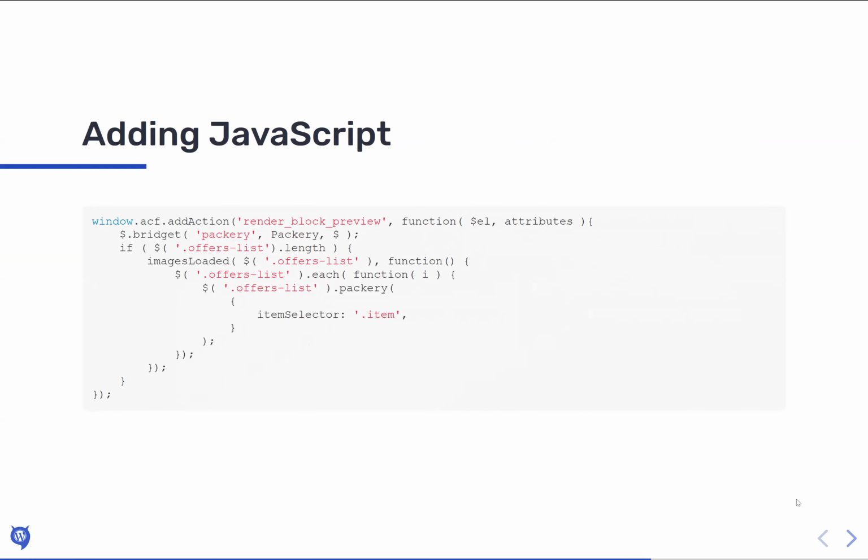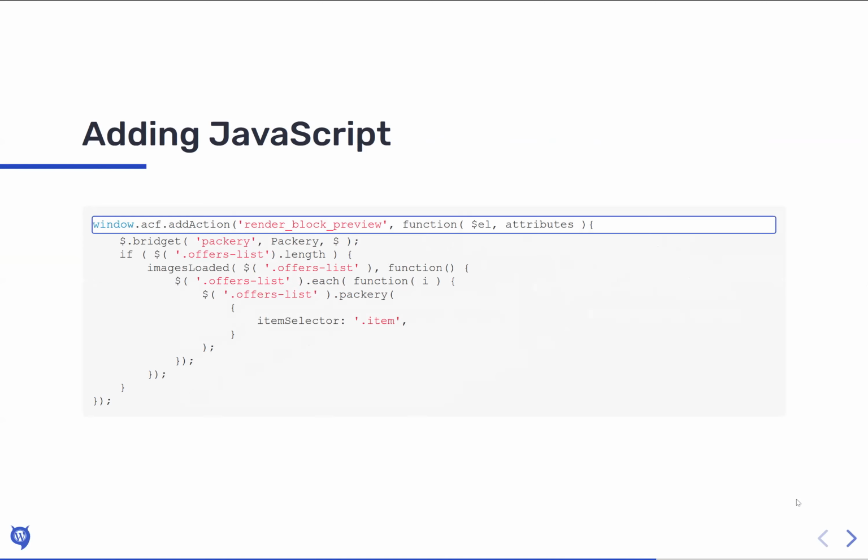At the beginning, it was hard to do, but from some point, Elliot added this great action called render block preview, and it means that every time we click on the preview button, all the scripts inside will be launched. So it's very easy, and it should work for you every time.